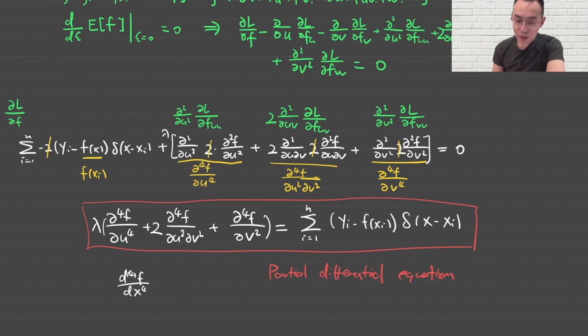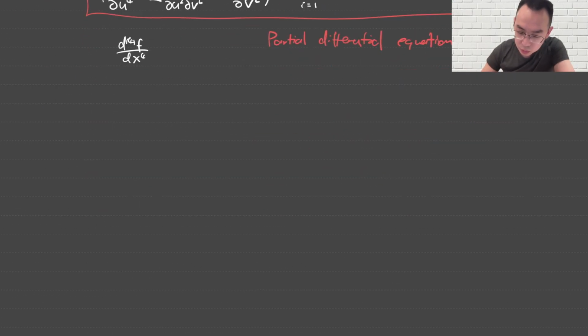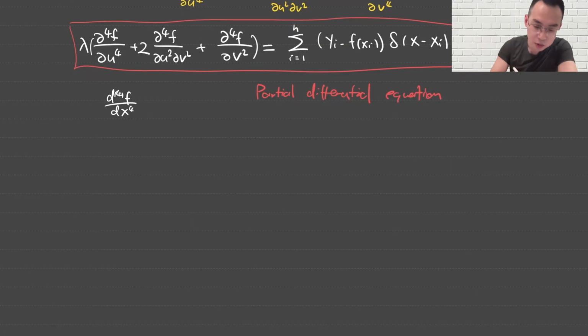When we solve this partial differential equation, that's going to give us a kernel function, just like how we solved the ordinary differential equation. But this equation is a little bit tricky to solve, so let me simplify this a little bit more to see what happens. Remember that in multivariable calculus we have the Laplacian operator.